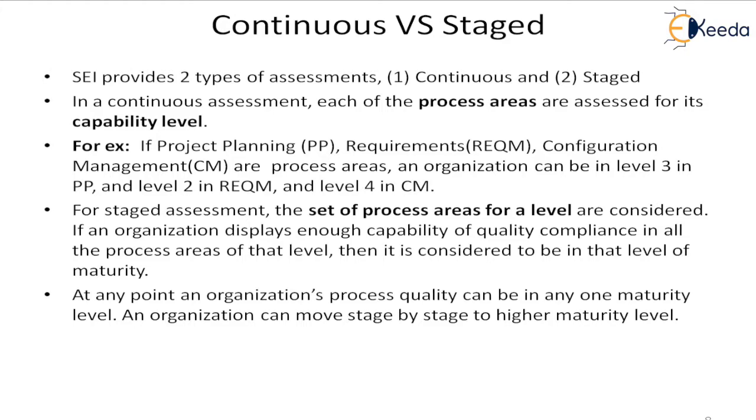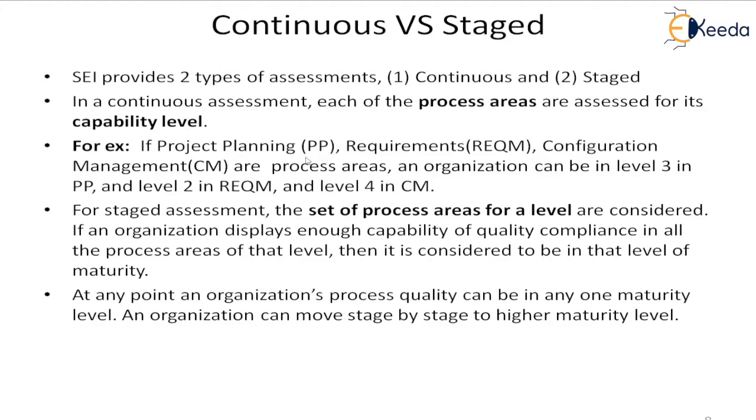In staged assessment, it is not individual process areas that are assessed, but a set of process areas. At each level we associate a set of process areas, or a category of process areas is defined for a level, and those process areas are assessed together for assessing a particular level.